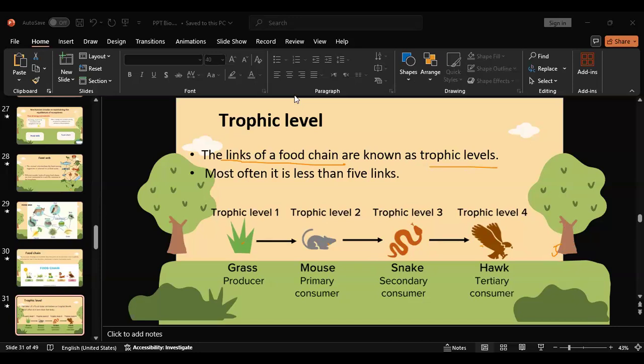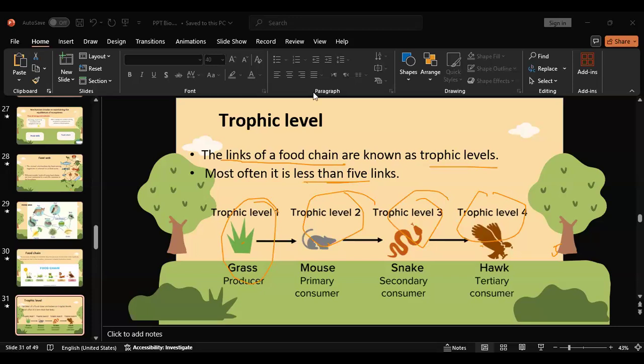This can change according to the number of organisms or type of organisms. Here, the grass is trophic level 1. This is 2, 3, 4. Most often it is less than 5 links, but we can't predict.